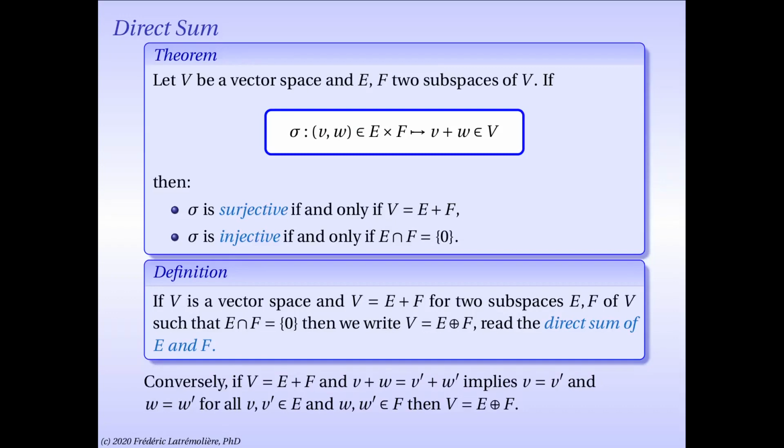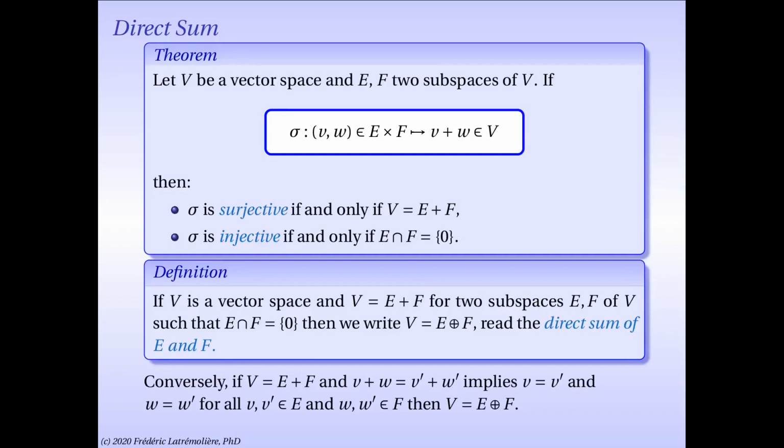Mathematically it is written in this slightly more awkward way: if you take an arbitrary pair v and v prime in E and an arbitrary pair w and w prime in F, then v plus w equals v prime plus w prime if and only if v equals v prime and w equals w prime. That's the condition which tells you there's only one way you can possibly write a vector that is in the sum of E plus F as a sum of a vector in E and a vector in F.